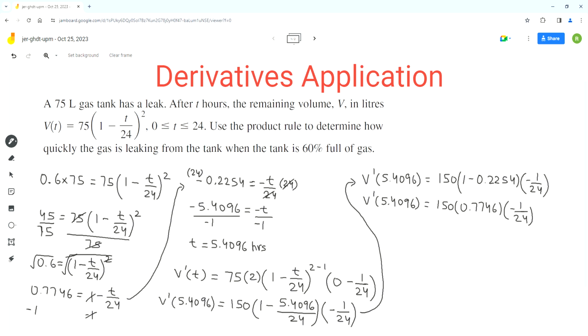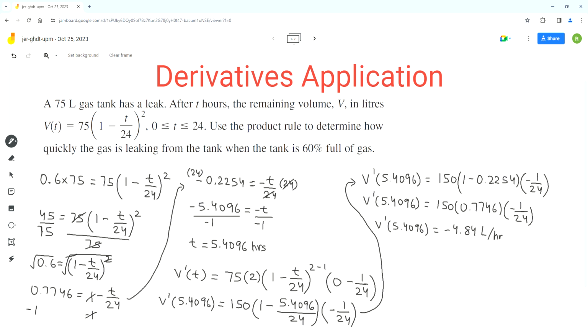Now we can multiply these terms together using our calculator. So 150 times 0.7746 times negative 1 divided by 24. So I got negative 4.84 liters per hour.